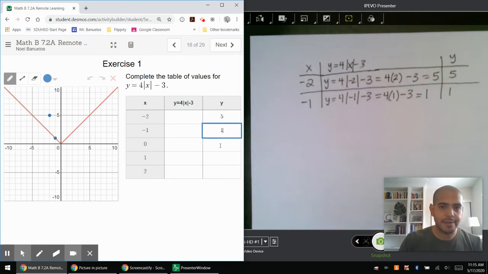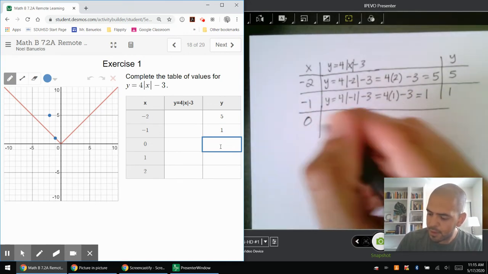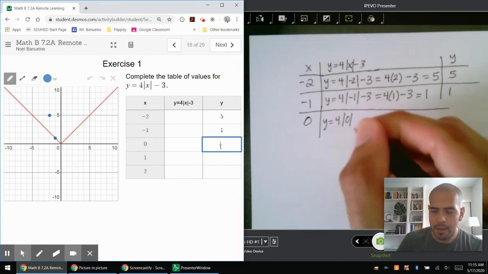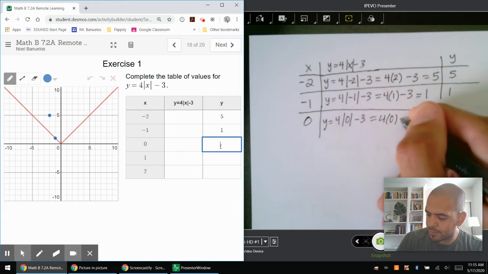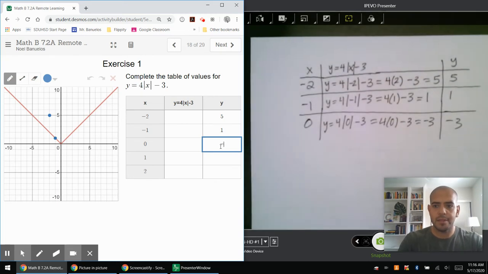Now, next, 0. y equals 4 times the absolute value of 0, take away 3. 4 times 0, take away 3 is -3.